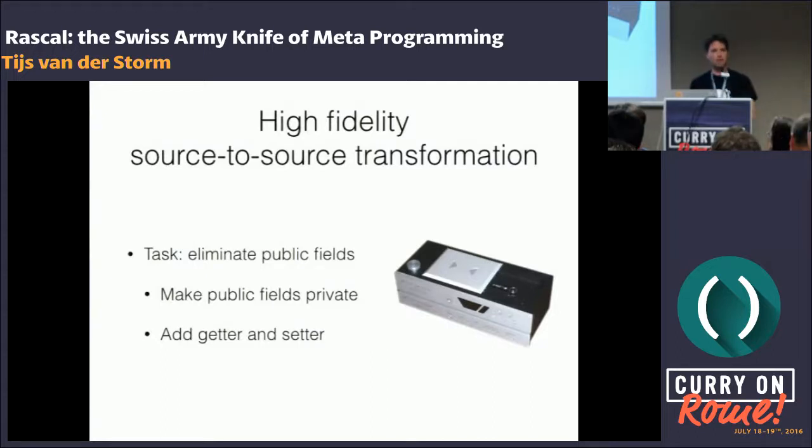The task now is not to just find the public fields, but actually to eliminate them. There are two things that we need to be doing here. We make the public fields private, and we add a getter method and a setter method, and then we forget about the assignment sites. That's for another talk.